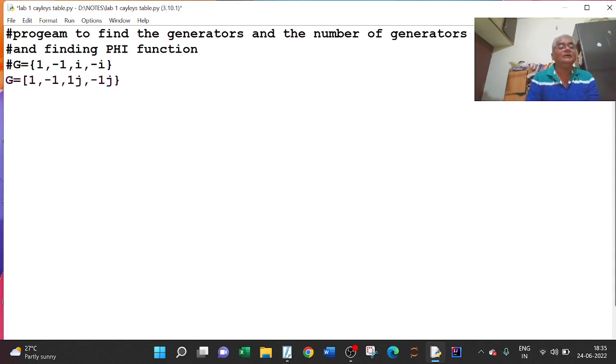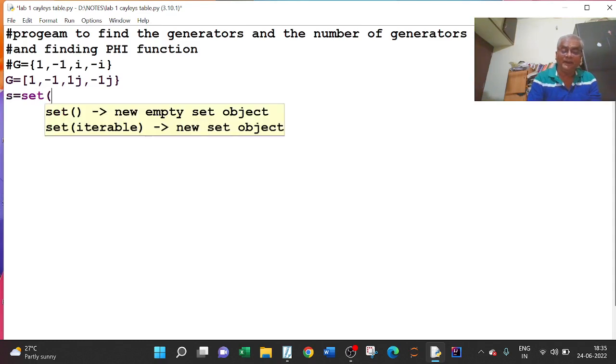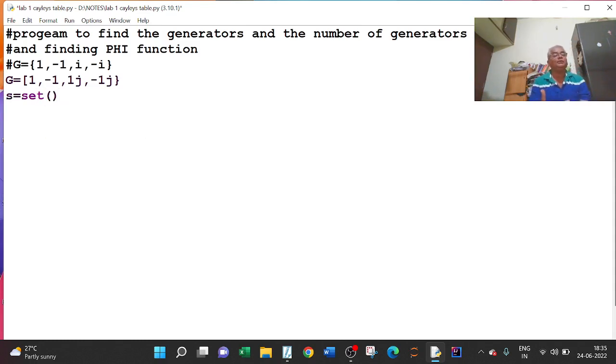This is our G, and then we define a set here, S equal to empty set. I am going to include the generators in this set.